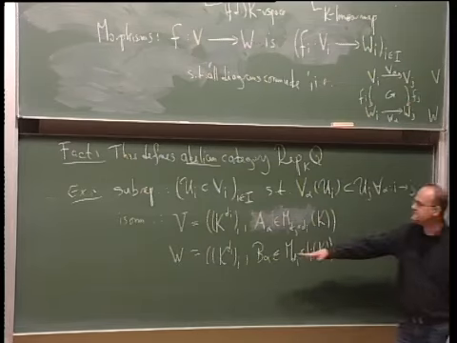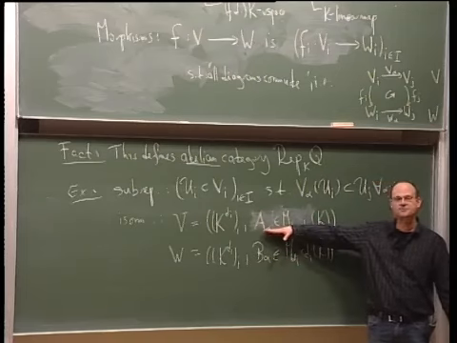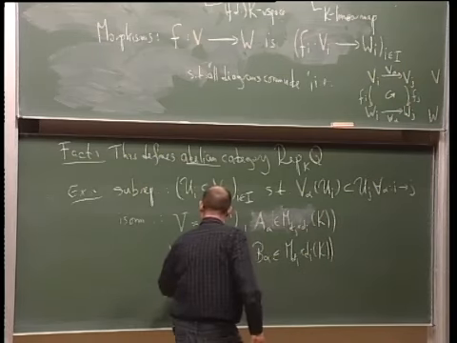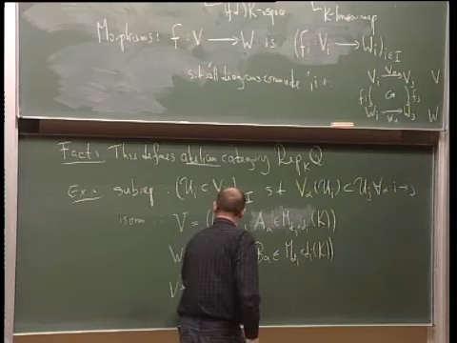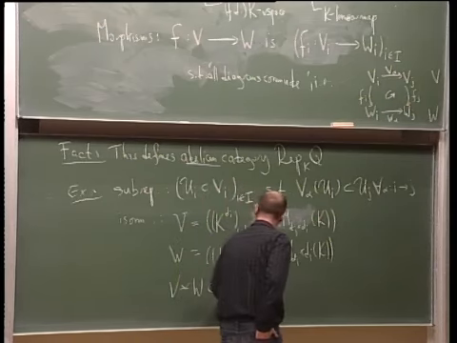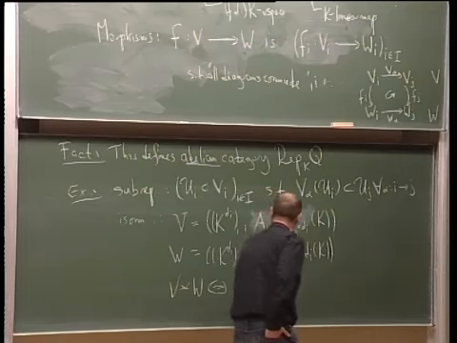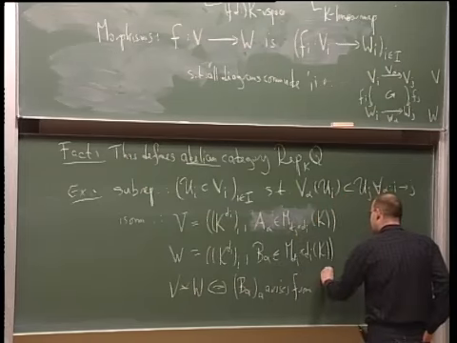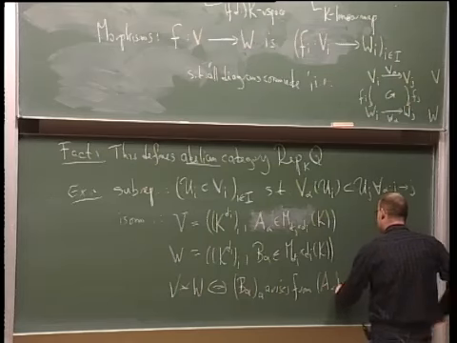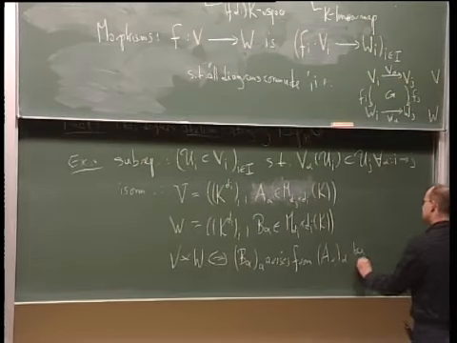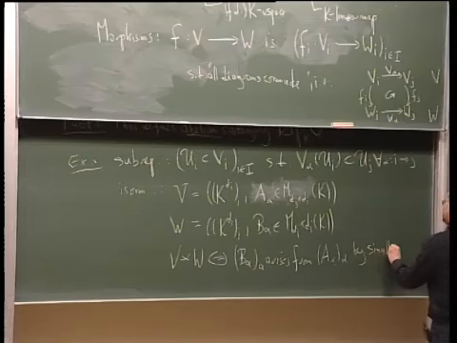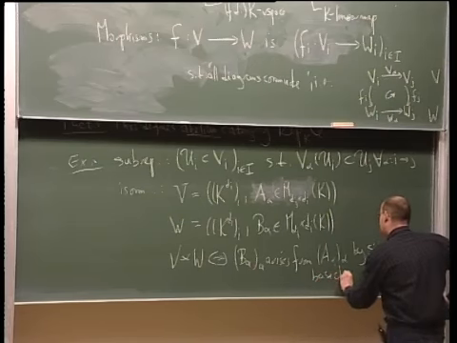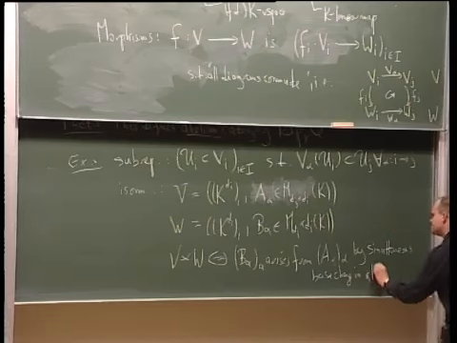It just means that you get these matrices out of these matrices by base change in all the vector spaces. So these two are isomorphic if and only if the collection of the matrices B alpha arises from the collection of the matrices A alpha by simultaneous base change in all the vector spaces which are involved.